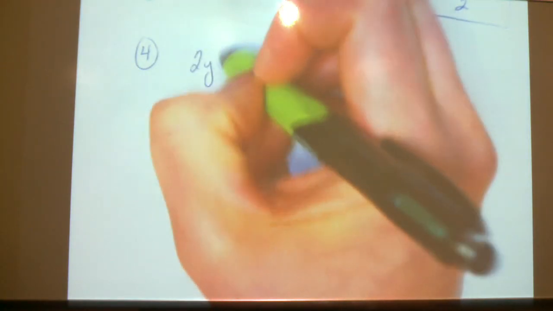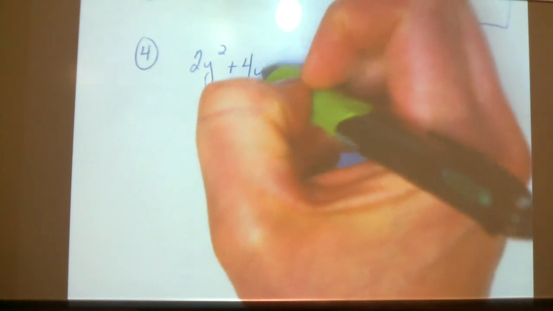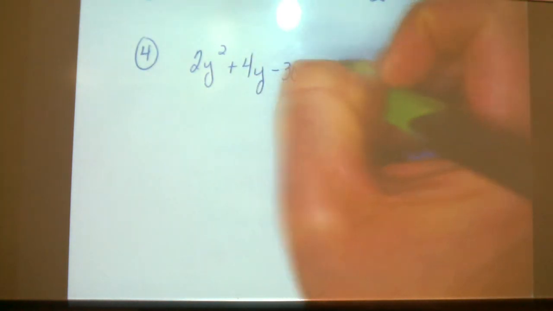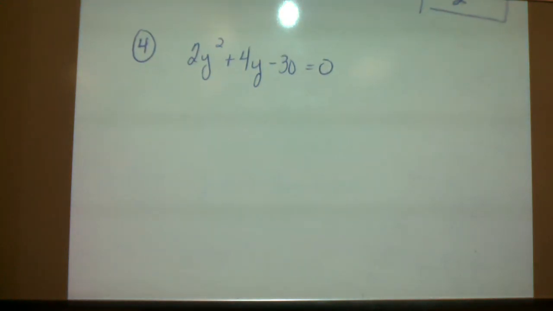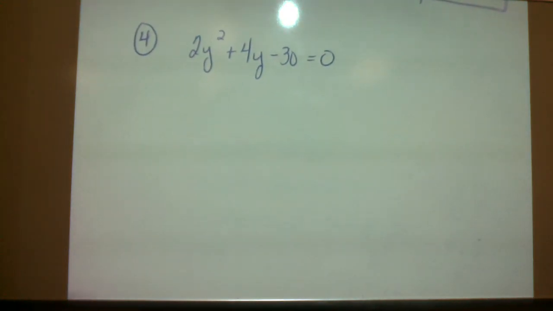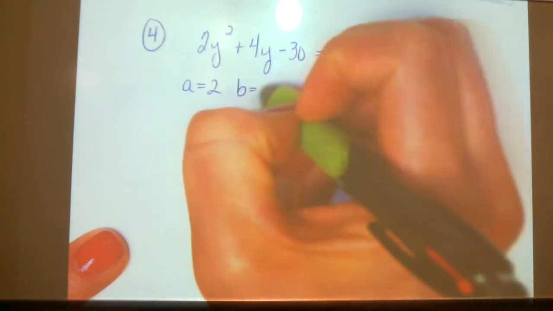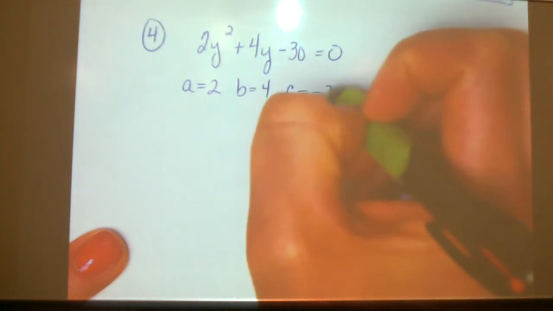Let's take a look at number 4, last problem. Let's take a look at when the a is not a 1. We didn't really take a look at a problem where the a is not a 1. So my a is 2, my b is 4, my c is negative 30.